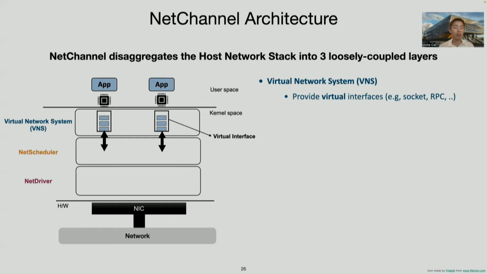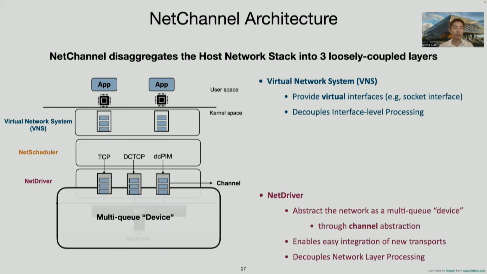Data submitted by the application and the data received from the lower layer is stored in the virtual socket buffer. The VNS layer ensures the correctness of the virtual interface semantics. Second, the VNS decouples interface level processing from application cores by maintaining per core interface level processing threads. Interface level processing for any application can be done at any of these threads.